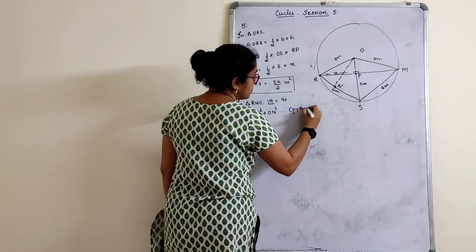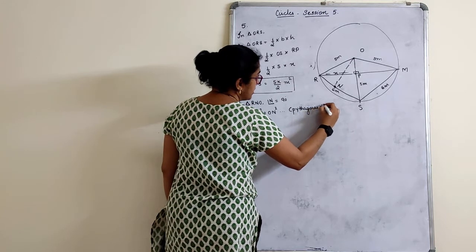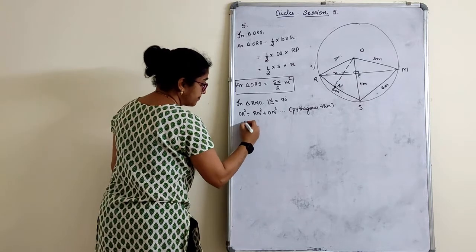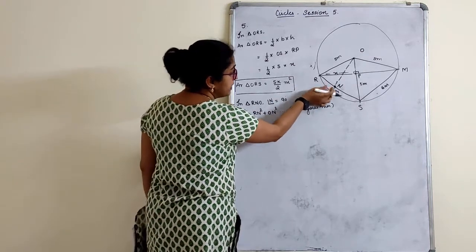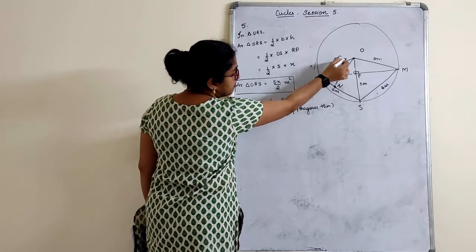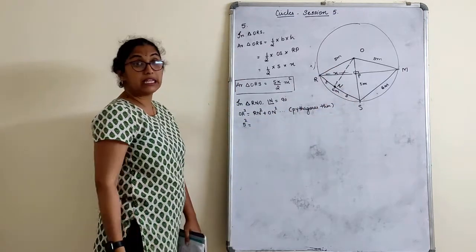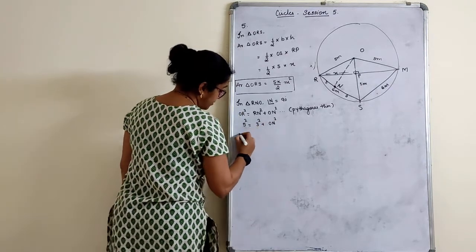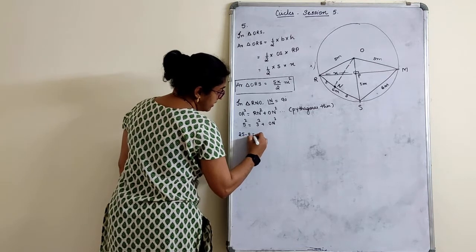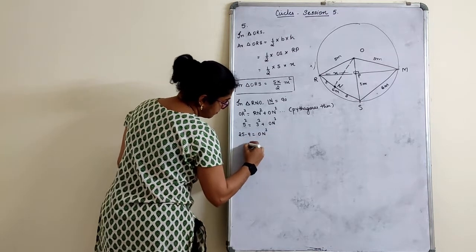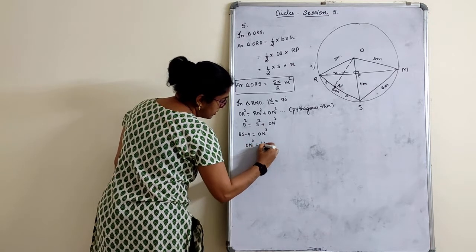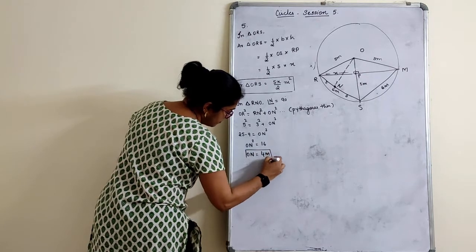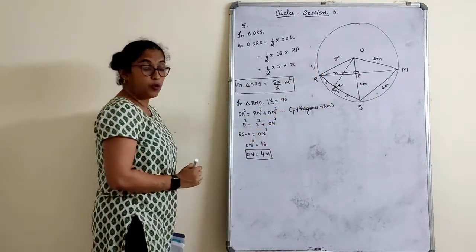Reason? Pythagoras theorem. Okay, OR square is how much? 5 square is equal to RN square. This whole is 6 meter, children. It is a perpendicular bisector, so it can be 3 and 3, equal to 3 square plus ON square. 25 minus 9 is equal to ON square. ON square is equal to 16. ON is equal to 4 meter. I got the measurement of ON.